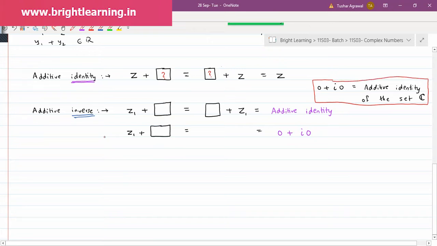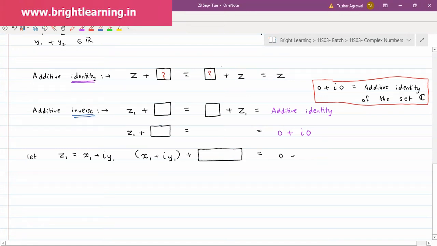So now if my z1 is equal to x1 plus I times y1, I want to add some number so that my final answer is 0 plus I times 0. So by observation, can you see that? How do we do this addition? The addition of complex numbers, the bold addition.